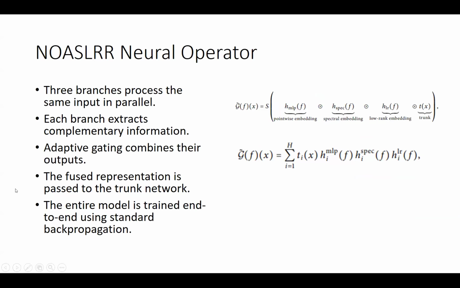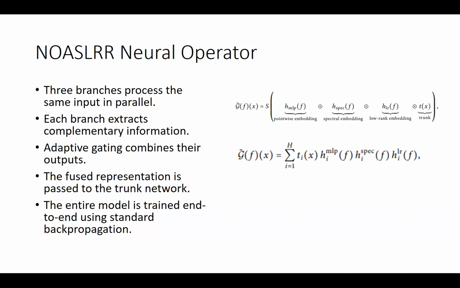So let's summarize the entire forward path of the architecture. The three parallel branches process the exact same input function asymmetrically. Each branch extracts a fundamentally different mathematical view of the data. Then the hierarchical adaptive gates unify these views into a single latent vector.